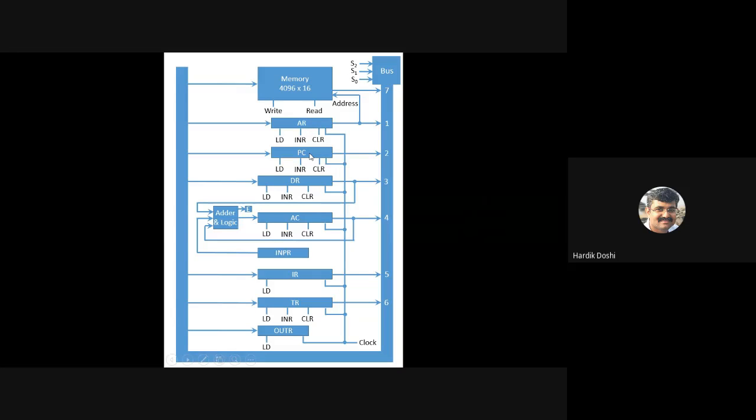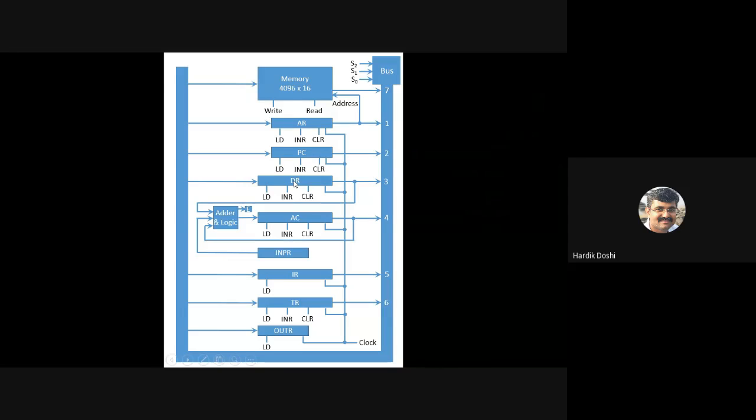IR is meant for instructions. So the only one left for us is DR, the data register. That's why the name given is data register.